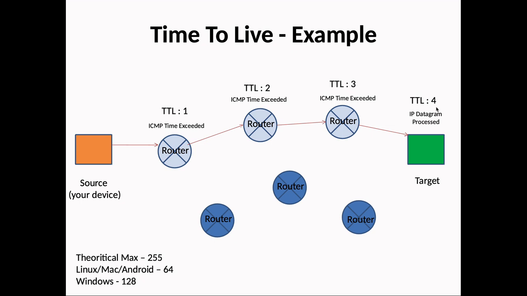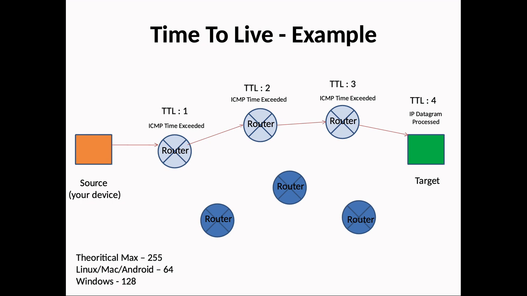Now let's go back to the previous point that we discussed. Linux, Mac, and Android set the TTL limit as 64 and Windows sets it at 128. What that means is that across the entire span of the internet, including all the devices connected to it, servers, routers, all kinds of intermediate devices, between the source device and the target device there can only be a maximum of 64 routers.